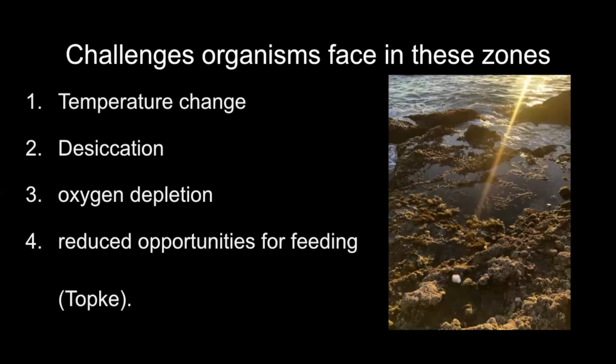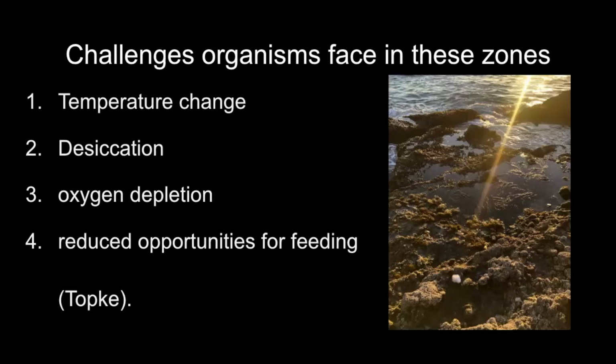Some organisms have methods of preventing this from happening. For example, the clams, they will tighten their shells so that they can keep the water in and not dry out. For oxygen depletion, they're either exposed to straight air or they're submerged in water where they are getting more oxygen.